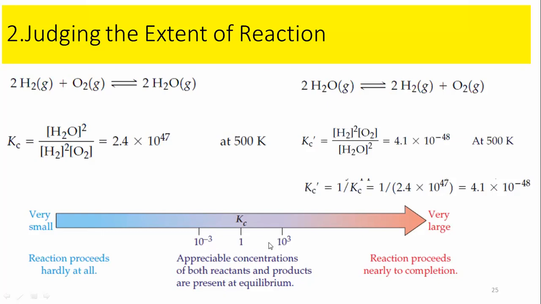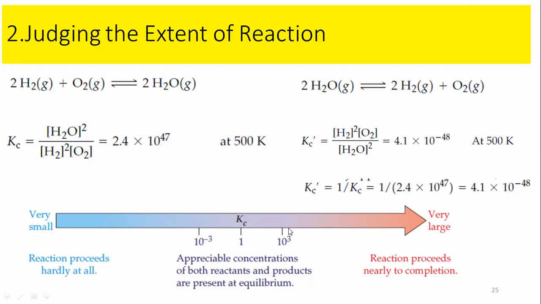Now there are 3 limits. One is where the value is greater than 10 to the exponent minus 3 and less than 10 to the exponent 3. This is one of the limits.